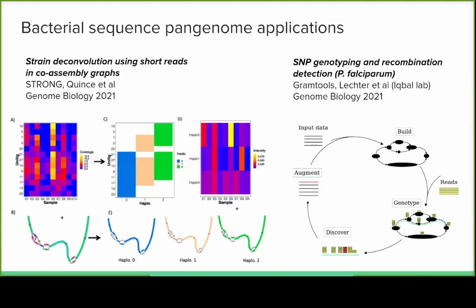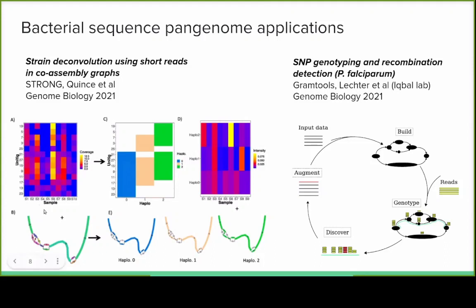And on the left side of the slide, I highlight, which is not technically a pan-genome paper, it's more of a metagenome paper, but inside this paper, there is a pan-genome graph. What we did, and I'm co-author of this work, we took several strains of the same bacterial species, constructed a pan-genome graph in the form of an assembly graph of all these strains, and the goal was to separate those strains.